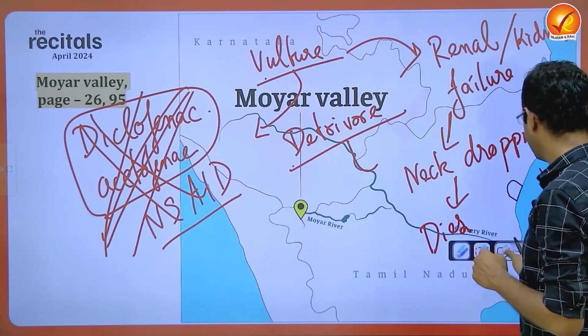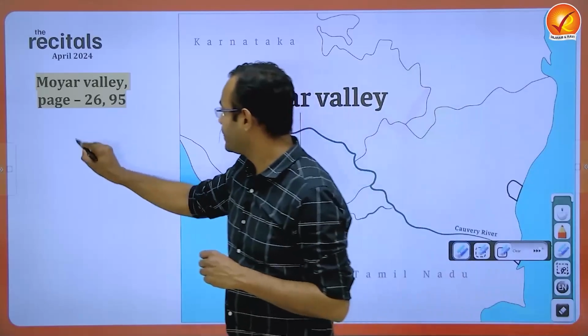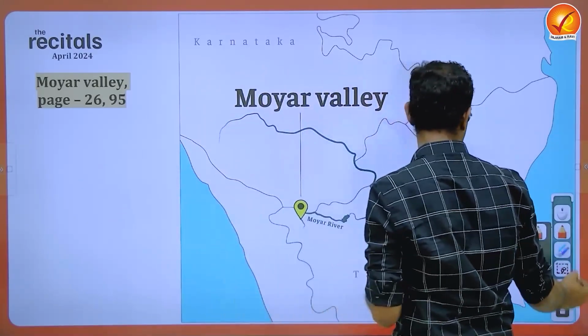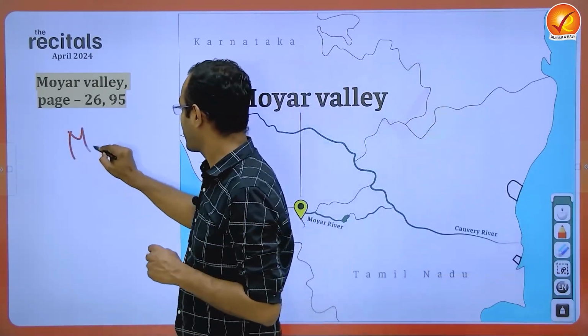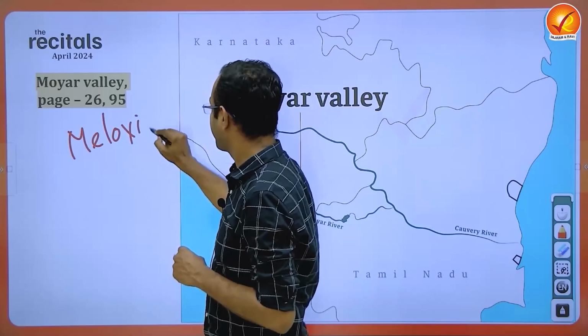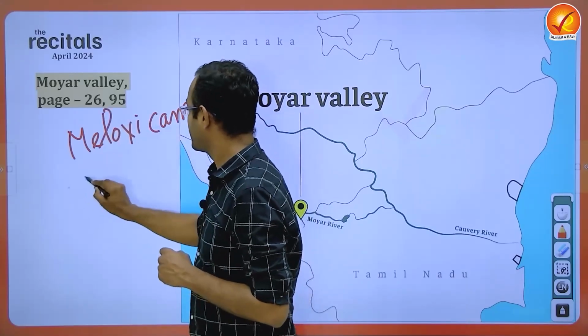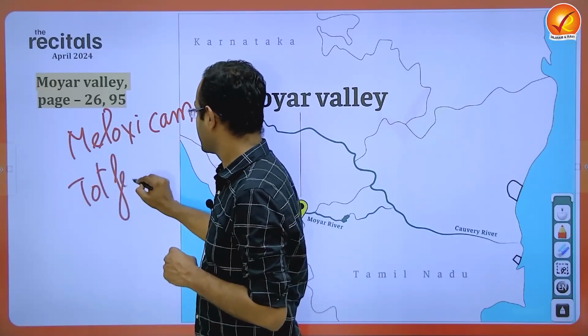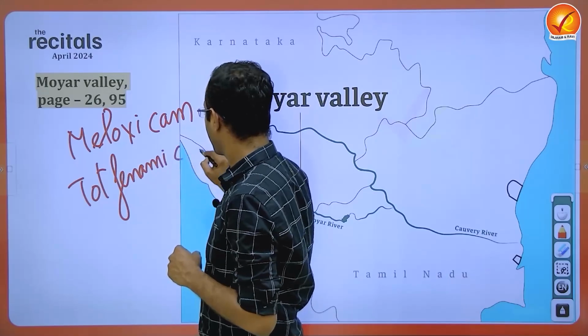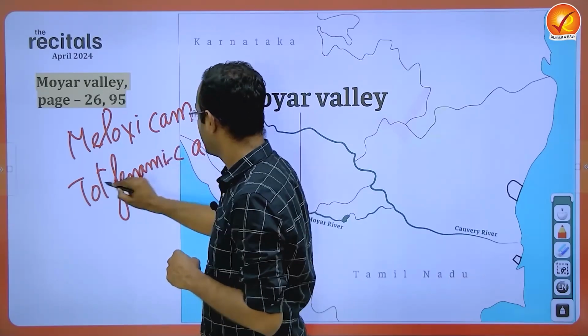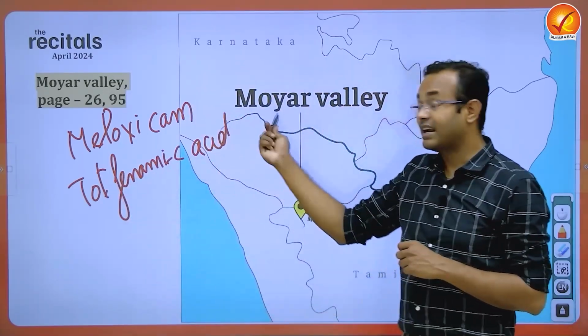And the alternative drugs were meloxicam, torfenamic acid. These are alternative drugs.